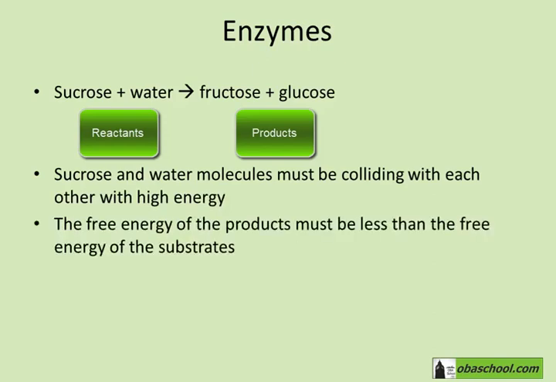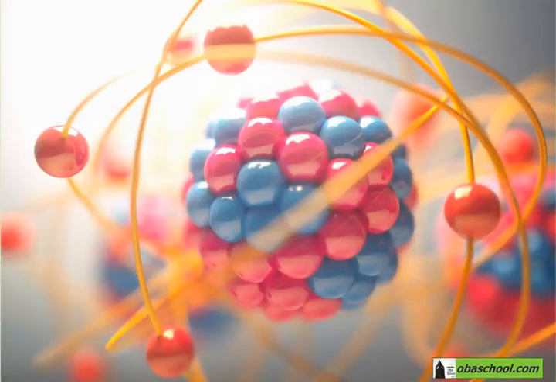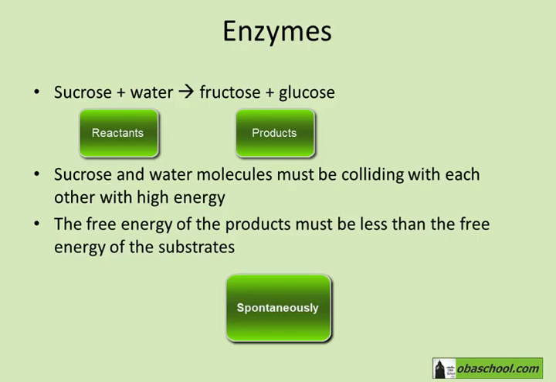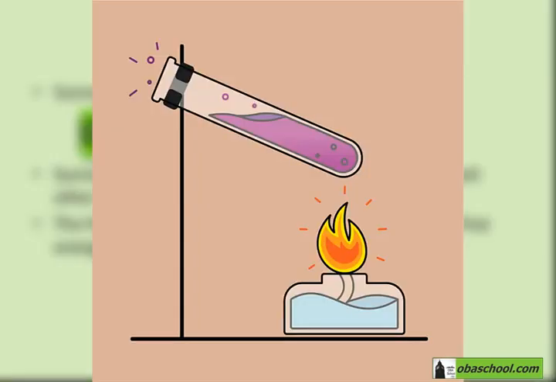The second condition is that the free energy of the products, which is how much energy they have in their bonds, must be less than the free energy of the substrates. And this is a concept in physics that can be hard to grasp, but simply put, this means that the reaction can occur spontaneously, or in other words, it does not need an energy input, like for example heat.